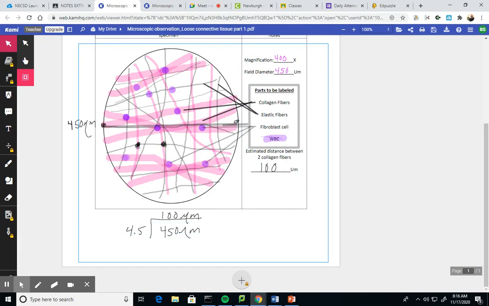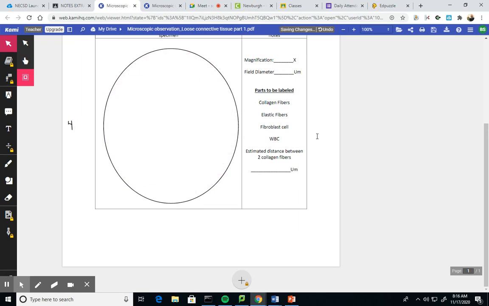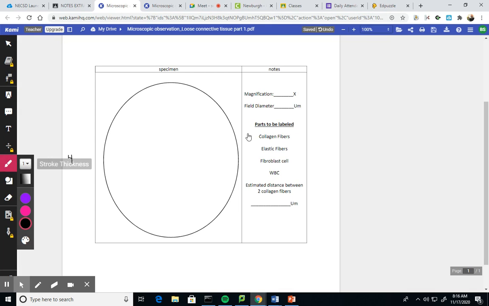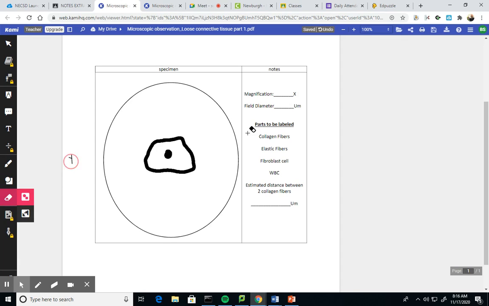I'm going to erase this. And let's say you draw the cell. And the cell is about that big. There's a nucleus. Well, obviously, I'm not going to give you the same list of things to label. There's going to be a different list.